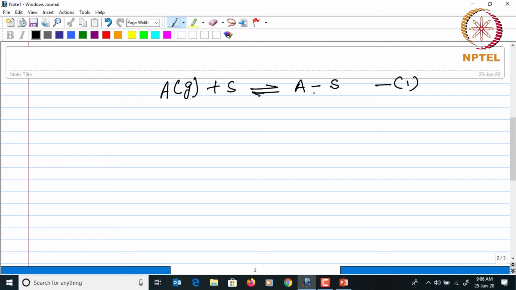Okay, and each of these reactions will have their own reaction rate. So let's say the reaction rate for the adsorption process or the forward reaction is RA, and that for the reverse reaction or the desorption process is RD.